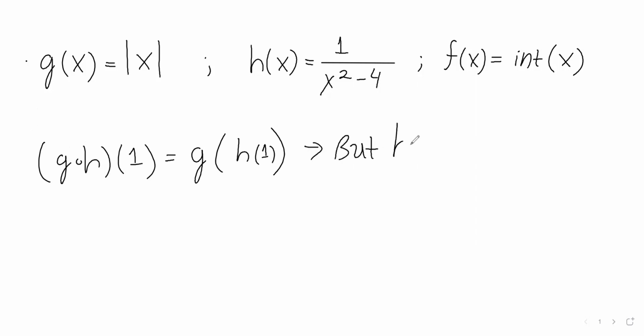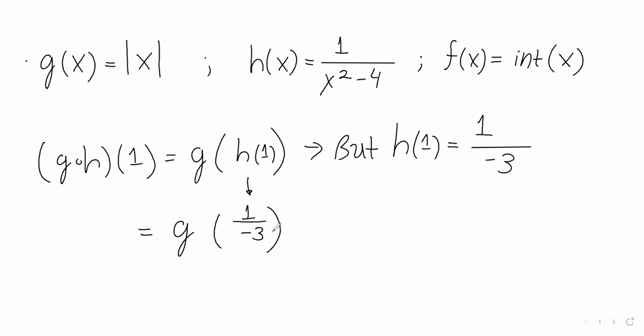H of 1 would give us 1 over 1 squared minus 4, which is negative 3. I find equation g and replace x with 1 over negative 3. Equation g says take the absolute value of your number, which gives positive 1 over 3.